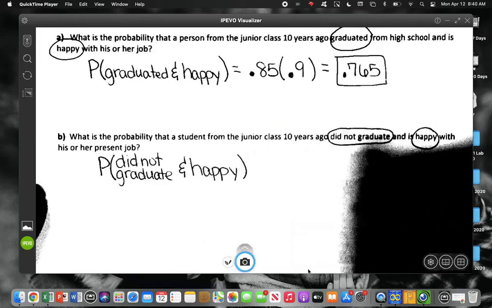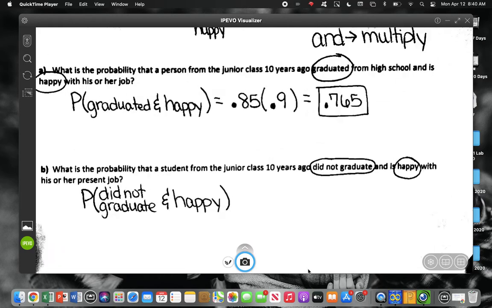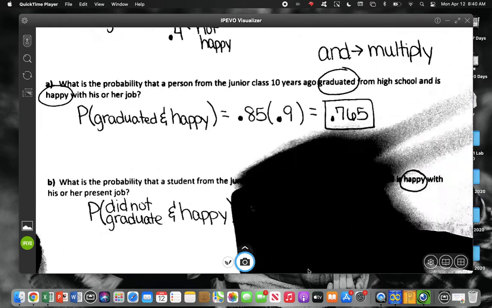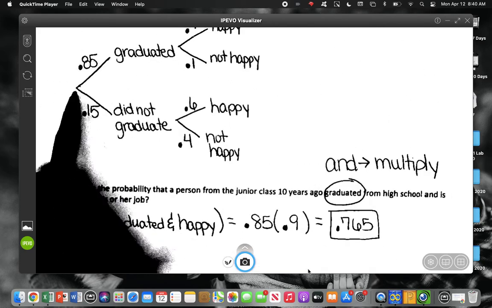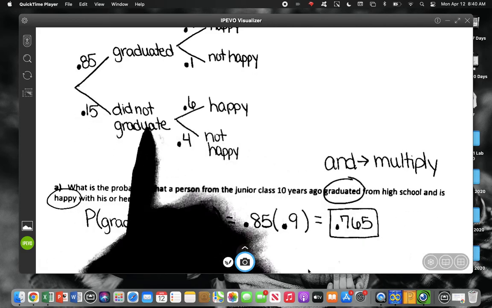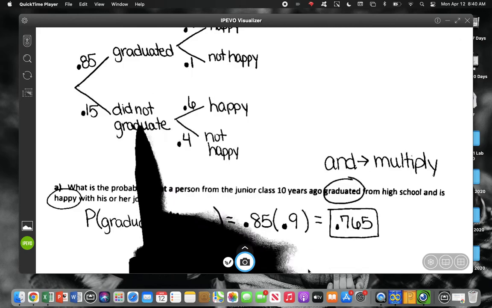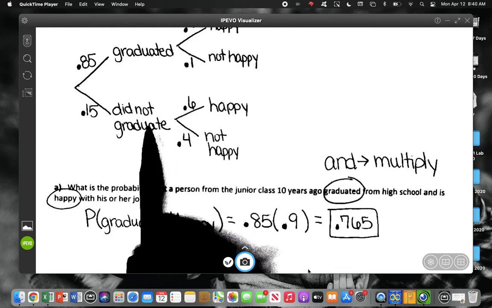All right, so let's follow the tree. Well, what's the probability that you did not graduate? 15%, so 0.15, and I will go back so you can see that. And if you're in the did not graduate branch, look at the happy branch, 0.6.